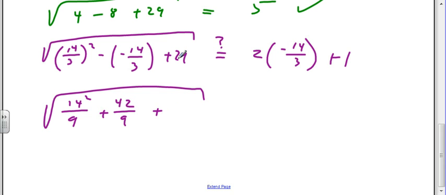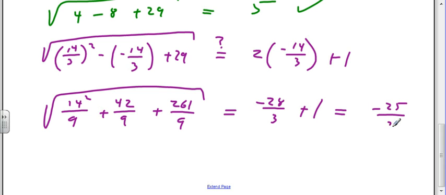42. Okay, and then I need 29 times 9 is 261. Okay, so I got 261 over 9, and that's supposed to equal 28 over 3 plus 1, which would be 3 over 3, so it'd be minus 25 over 3.